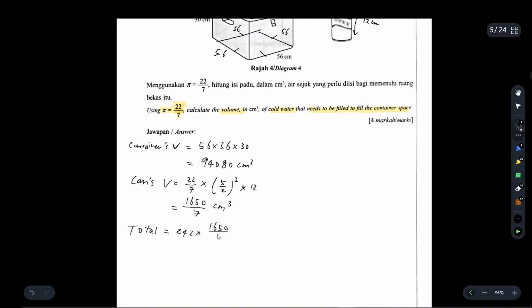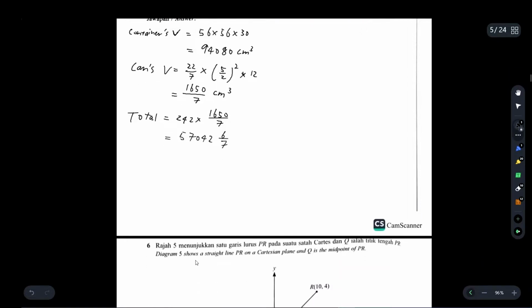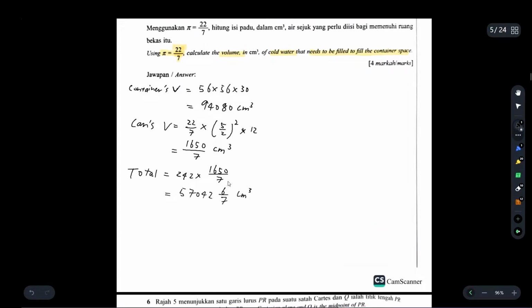So we can calculate the total volume of the cans. We have a kind of big number. I'm gonna write it in a, I don't know what it's called in English, I think this is called 带分数. So we found the total can volume they occupy.